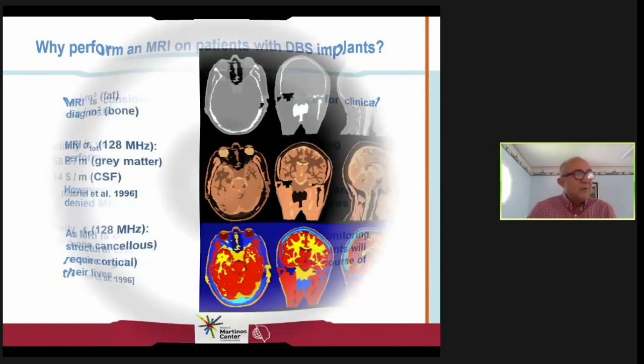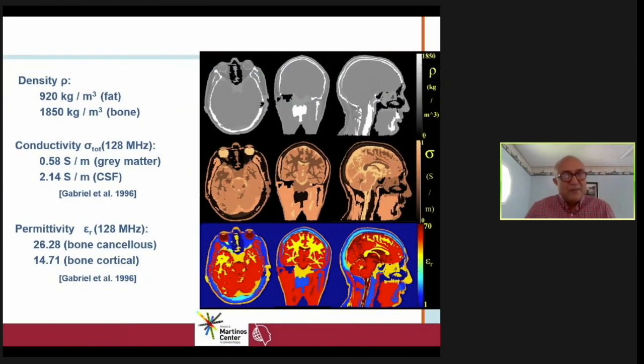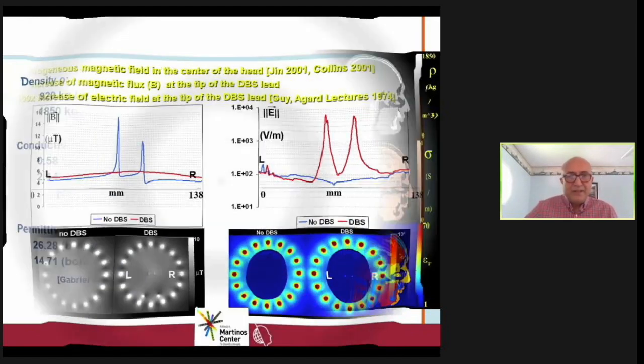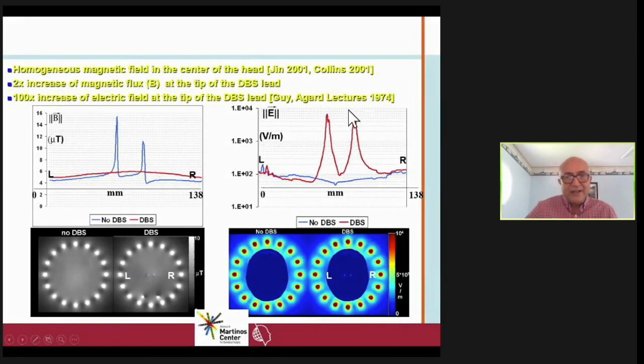So we used our head model, and we implanted the electrodes and looked at the resulting electric field. And you can see in this plot, the electric field really spikes up compared to the case of no implants at all.